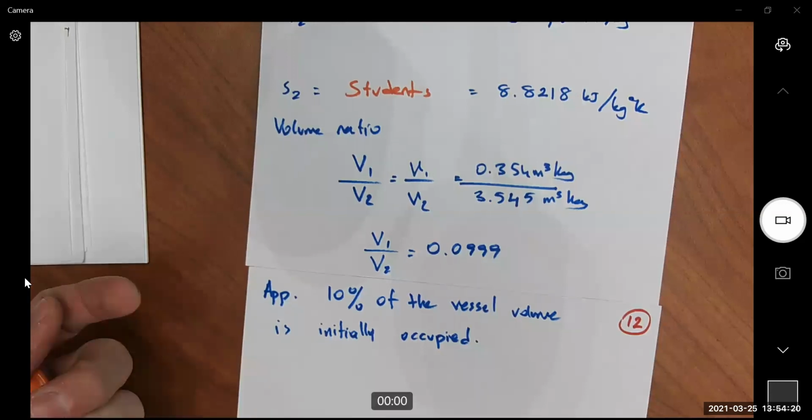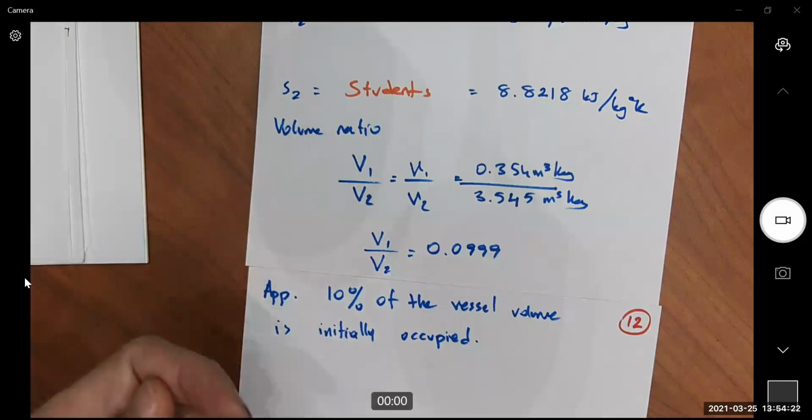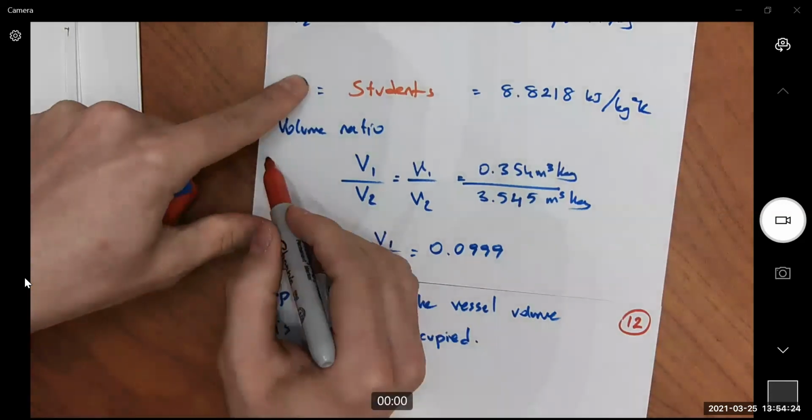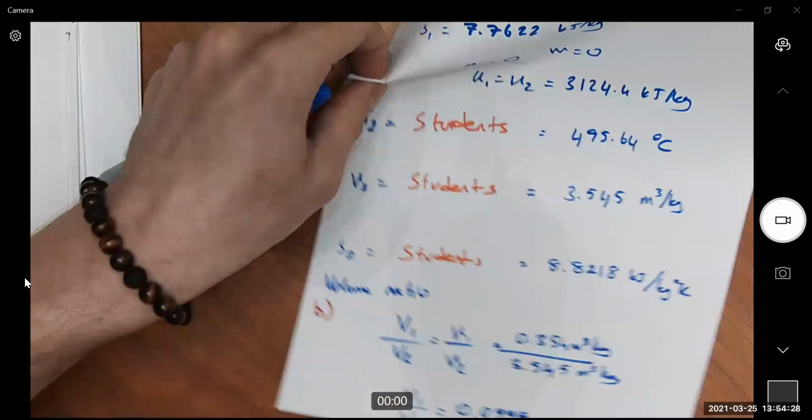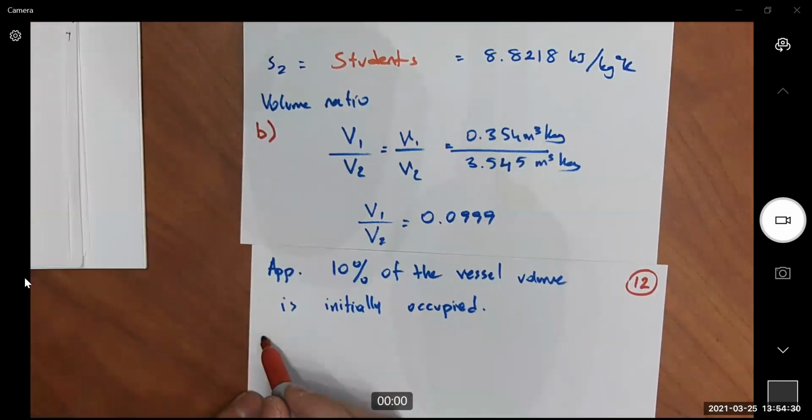That was B. Temperature is A, and now it's C.